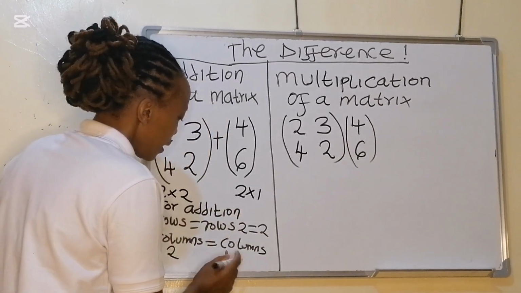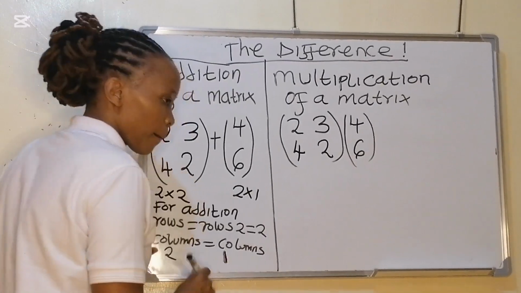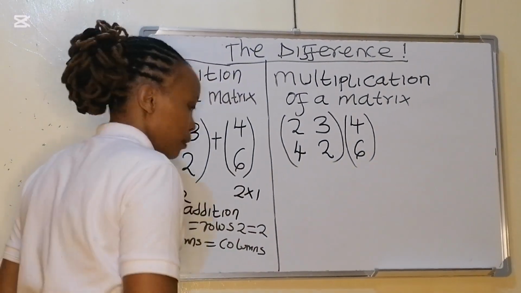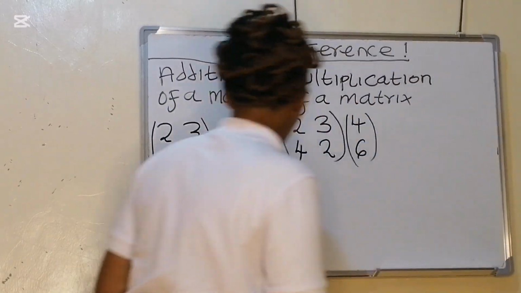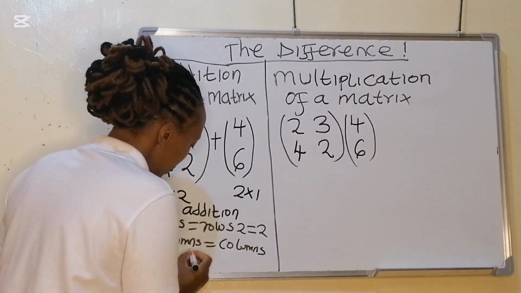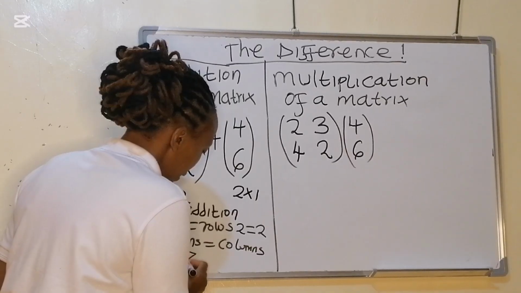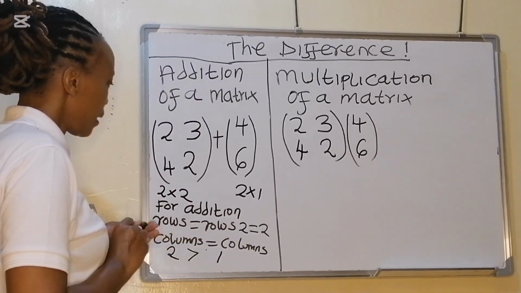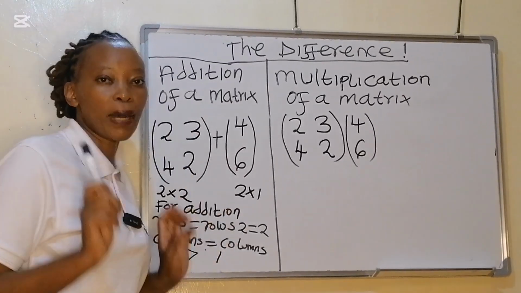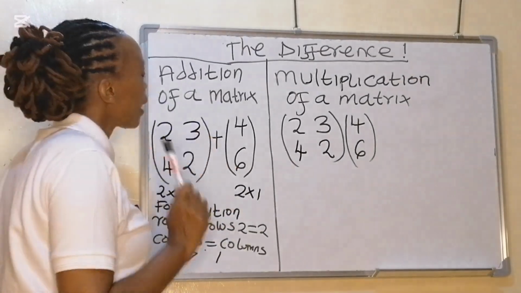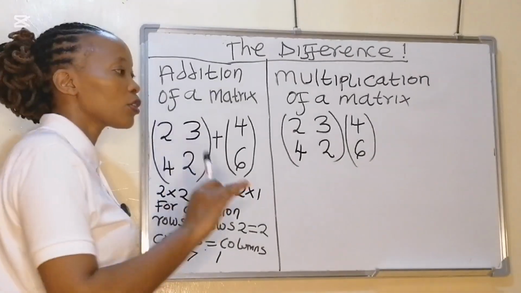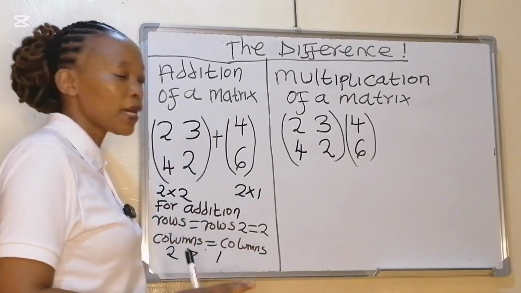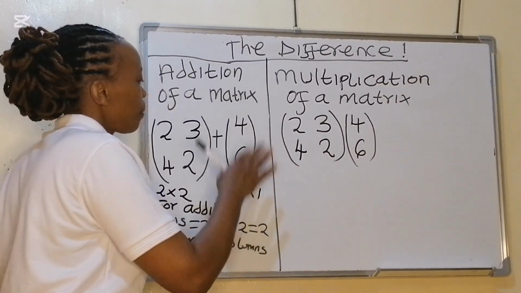So here 2 is greater than 1. What do I mean? For addition of matrix, you cannot add matrix unless the rows and columns of the first matrix are equal to the rows and columns of the second matrix.